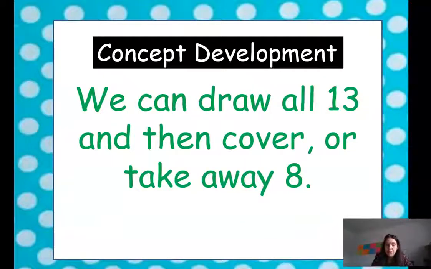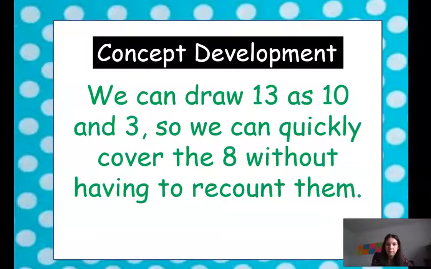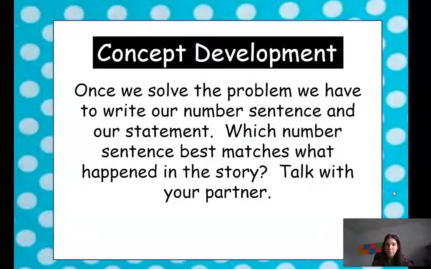That's another strategy we could use. We could draw 13 as 10 and 3 more. So we could draw a group of 10 and then a group of 3. And we can quickly cover the 8 from the 10 without having to recount them. So that would be a quicker strategy we could use.